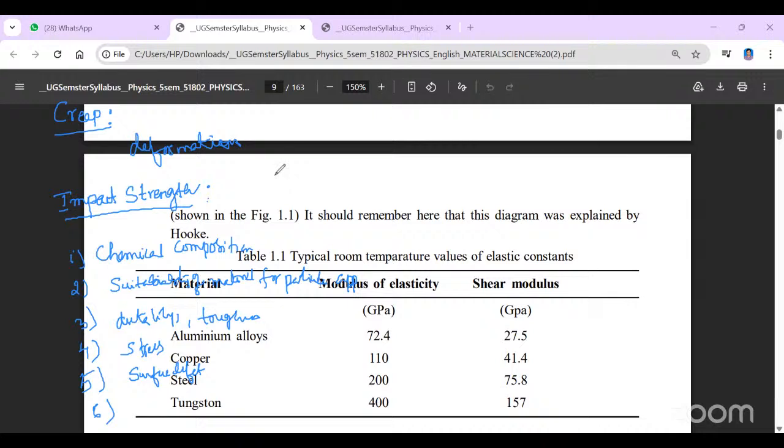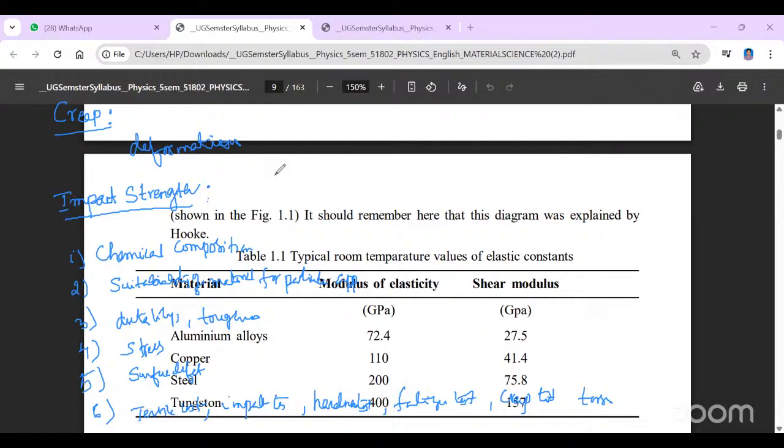That is, they'll do the tensile test, the impact test, the hardness test, the fatigue test, the creep test, and the torsion test. So all these tests will be done when they choose a material for any engineering application or any structural application.